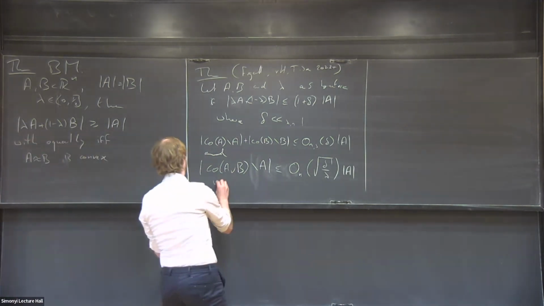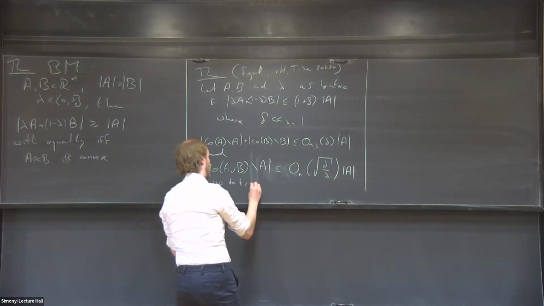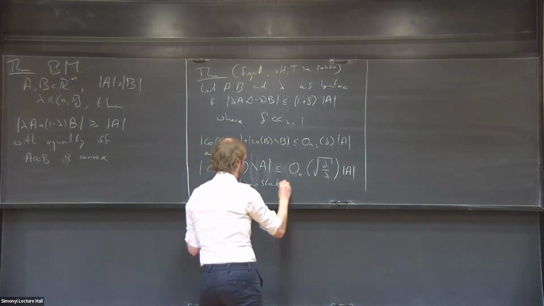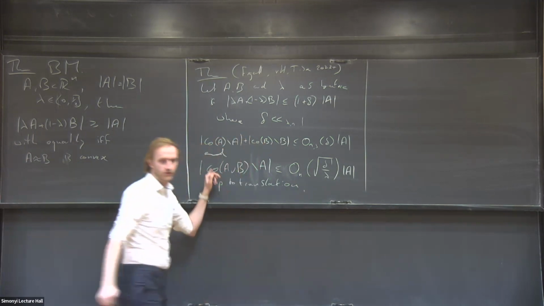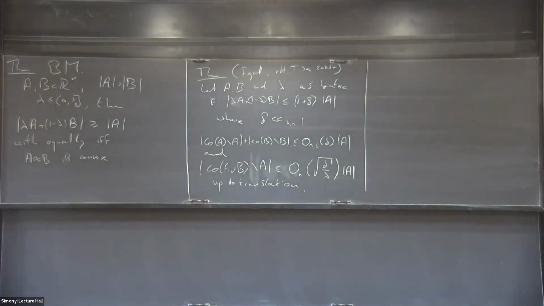So this is up to translation. We might have to translate the two sets before this is true. The size of A plus B is not affected by moving the sets A and B around.